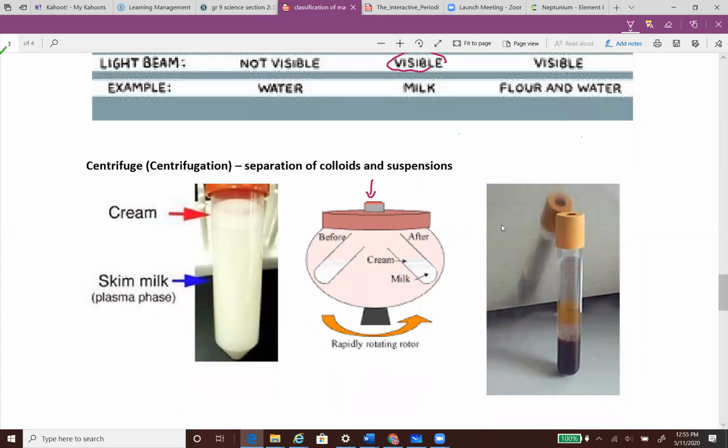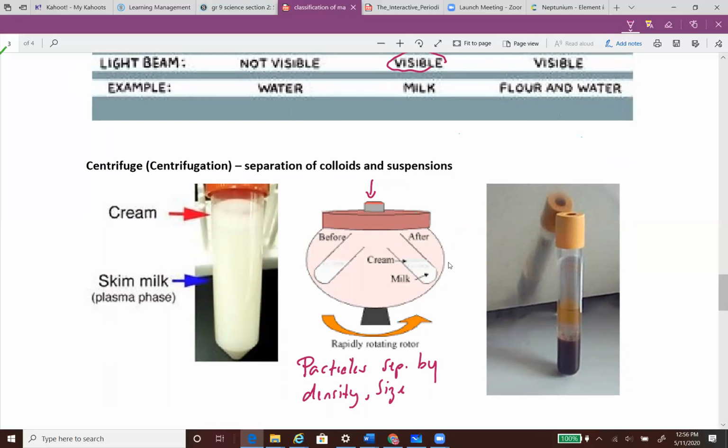Because these are mixtures that contain two or more types of particles, the particles will separate because they have different densities or sizes. As you spin them, the things that are less dense will rise to the top.